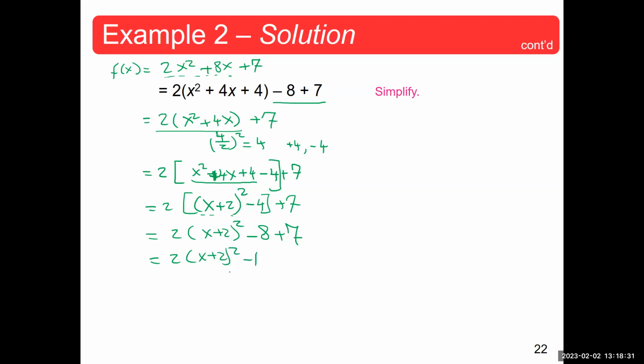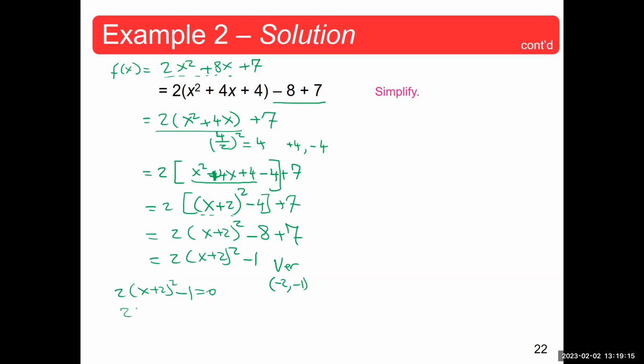So what is my vertex here? The vertex is negative 2 comma negative 1. How do I find the x-intercept here? We're going to say 2 times (x plus 2) squared minus 1 equals 0.